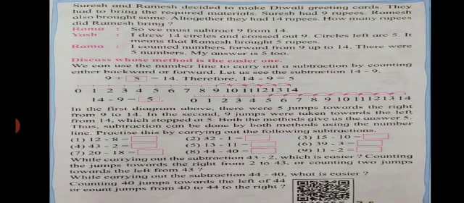Let us see the subtraction 14 minus 9. 9 plus 5 is equal to 14. Therefore, 14 minus 9 is equal to 5.